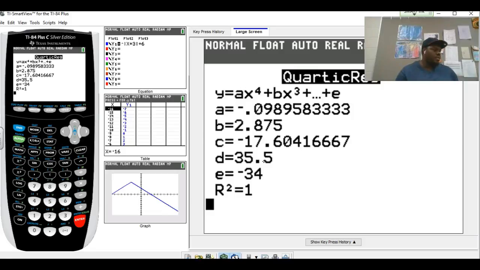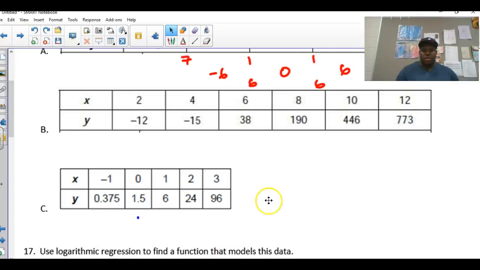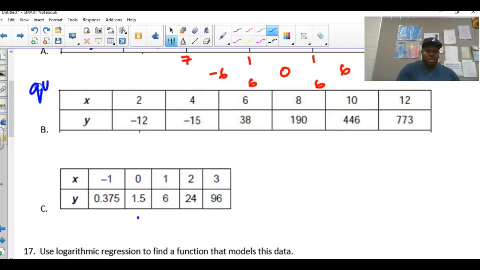Okay, so we can take that and write our equation down based off this, man. So let's see here. I'm going to go back to the page we're working on now. And so our equation that we came up with, we know that this is quartic. Alright, and we had negative 0.0. Actually, I'm going to round this to 2 decimal places. So negative 0.1. Man, that's random.